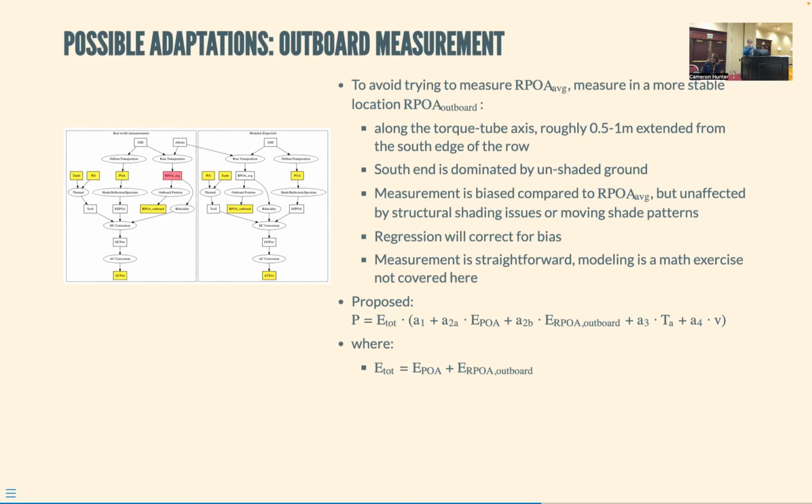So you have a stable measurement and you have an average, basically, measurement coming out of the system. So you can create a regression correlation that'll identify how much power should come out if you put a sensor in this location. Which, okay, now you've got a problem because the model, PVsyst, doesn't tell you what should be at that location.